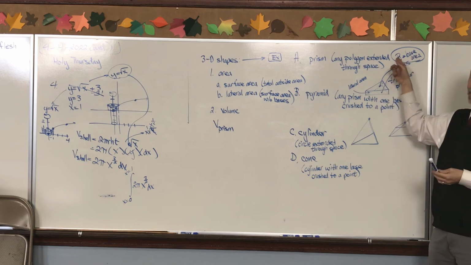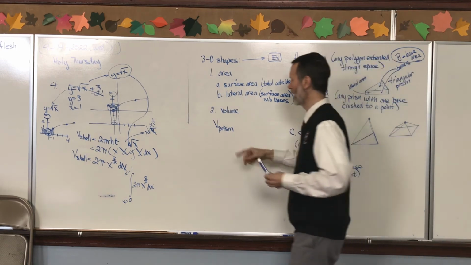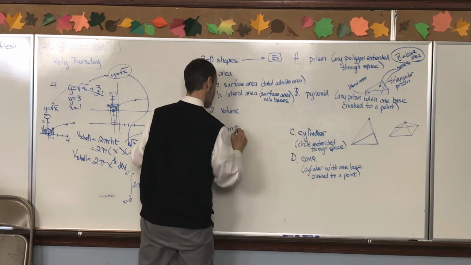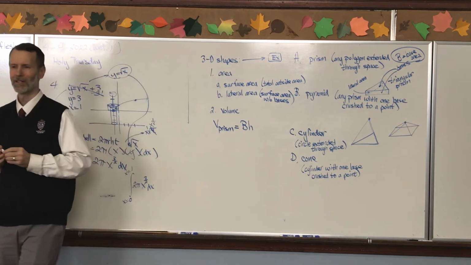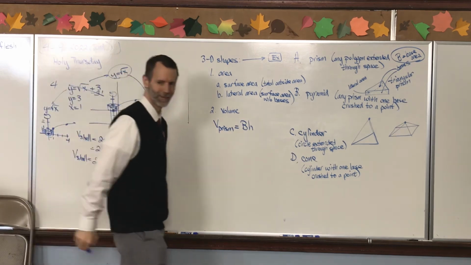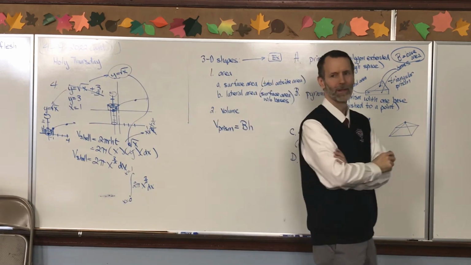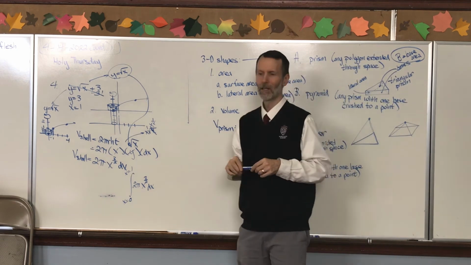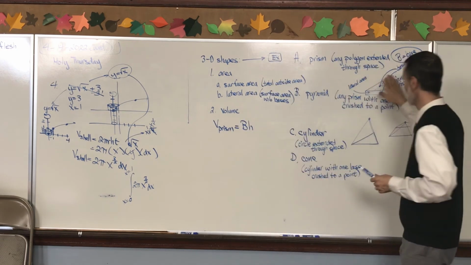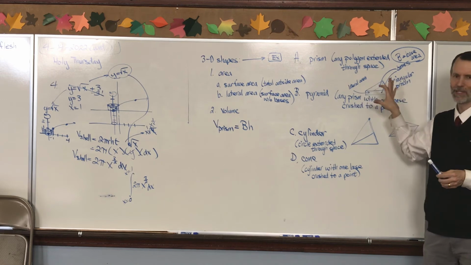That's the base area. How do you get the volume of a prism? Capital B times H. Tell me what that means. B is base area, whatever the area of the triangle is, times height.